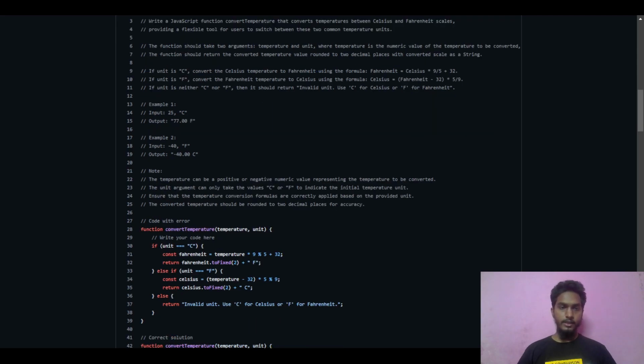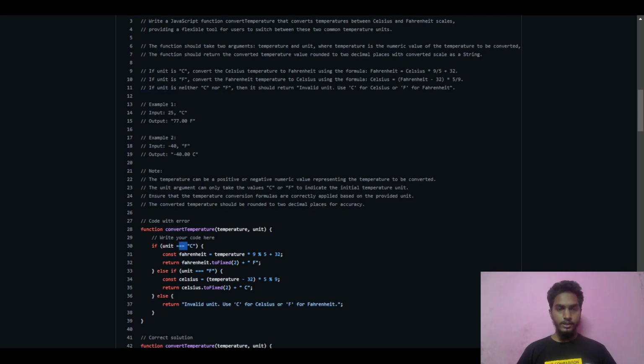So let's check the code with errors first. Convert temperature, and unit is given as parameters. So we are checking if it is Celsius or Fahrenheit, and if neither, then we are returning the invalid unit. Okay, this is correct. Third condition matches.